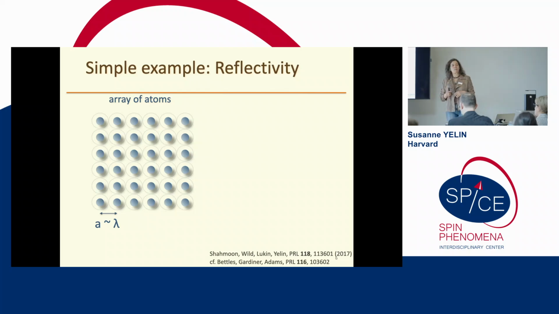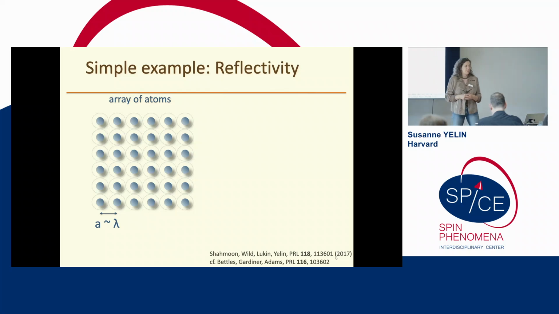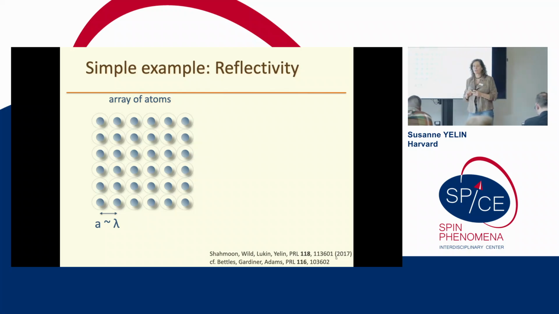For quantum optics, the size of an atom is the cross-section of an atom with resonant light. That's of the order of the wavelength squared. So if we have a lattice constant of the order of or smaller than the wavelength, the sizes of the atoms pretty much tile the whole plane.